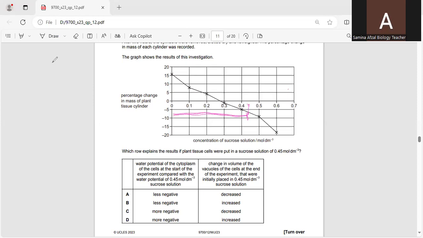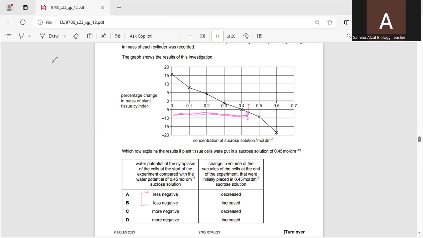And then the water potential of the cytoplasm of the cells at the start of the experiment compared with the water potential of 0.45 sucrose solution. So it will be less negative. So any one of these.